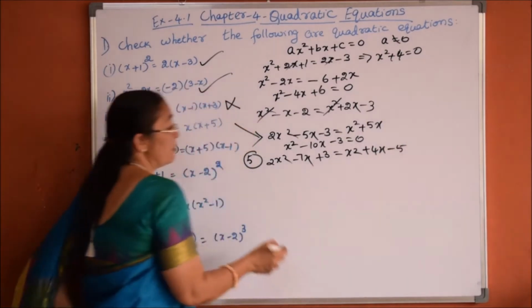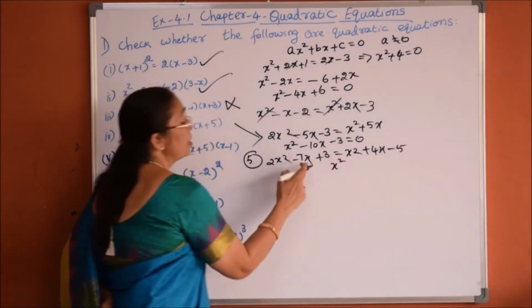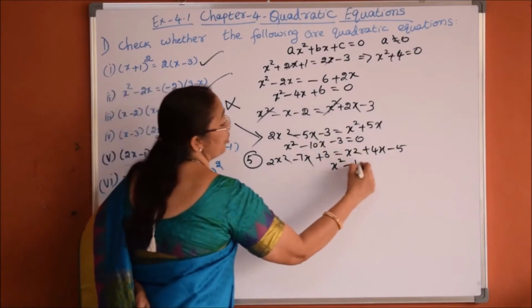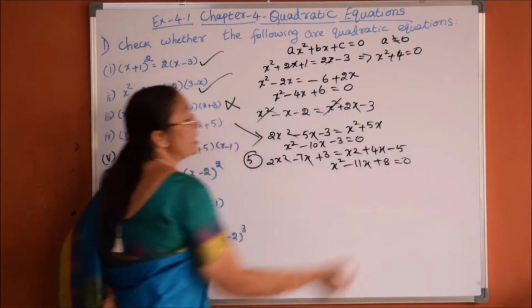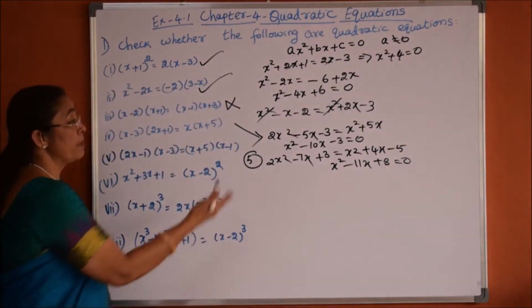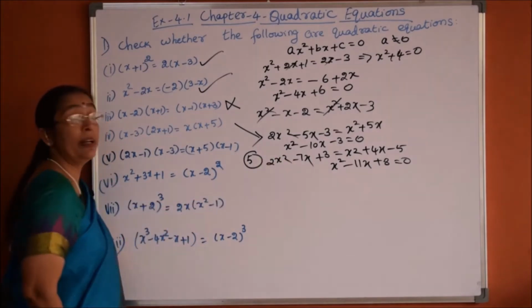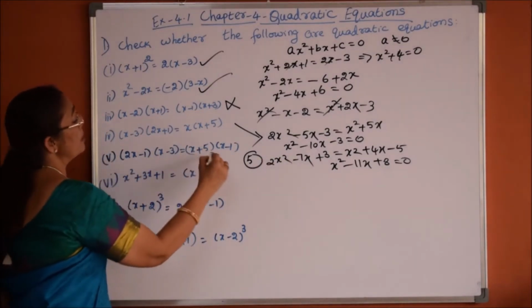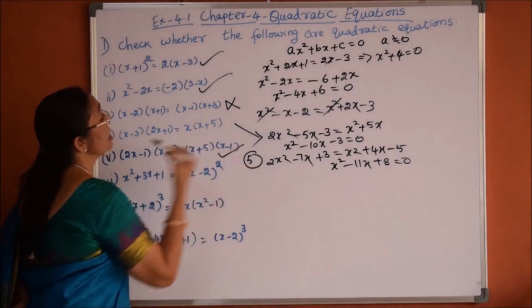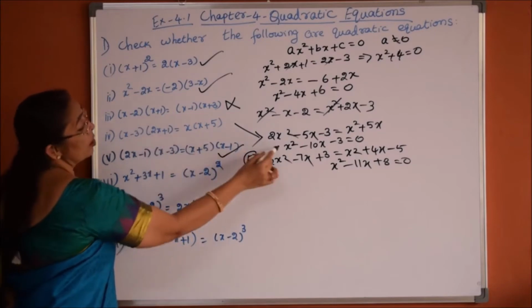On simplification, 2x² minus x² gives x², and minus 7x minus 4x is minus 11x, 3 plus 5 is 8. Again it is in the form of ax² plus bx plus c equal to 0, where a is 1, b is minus 11 and c is 8. So, the fifth problem is forming a quadratic equation, and the fourth problem is also a quadratic equation.